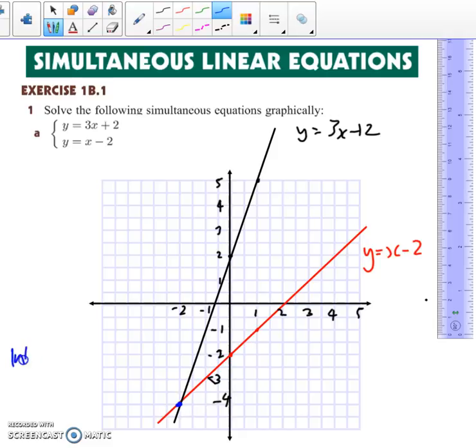Our intersection for these two equations would be negative 2 on x, and the y-axis is negative 4, and that's how we would solve these graphically. Okay, so that's one example.